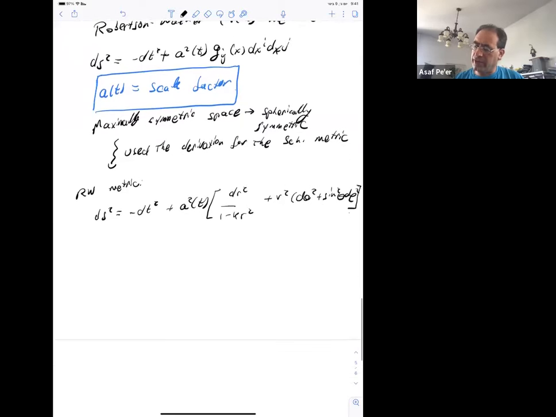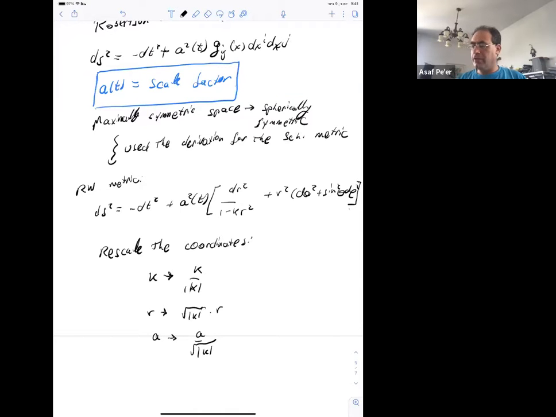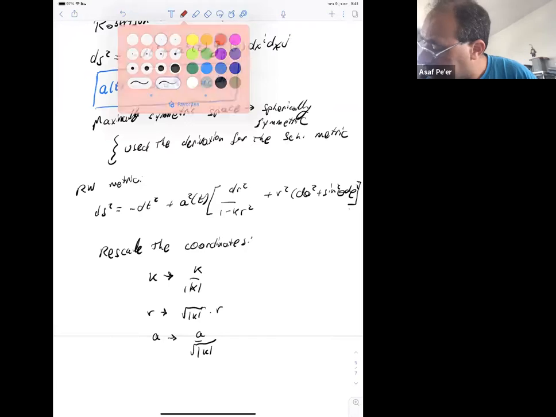So if we rescale the coordinates, such that k is rescaled to k over the absolute value of k, so normalized, and then we can rescale r to the square root of the absolute value of k times r, and a to a divided by the square root of the absolute value of k. Then the metric remains the same. It's unchanged.